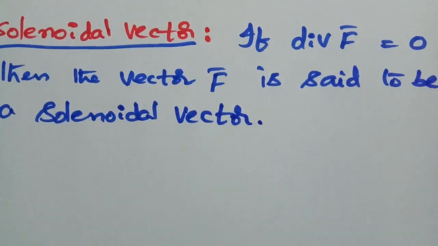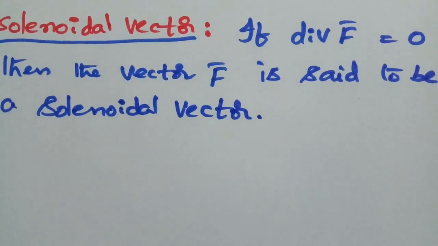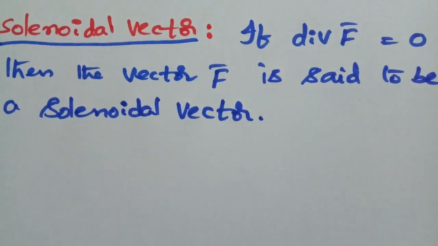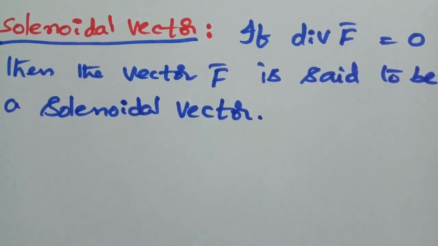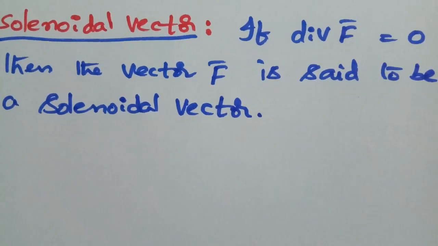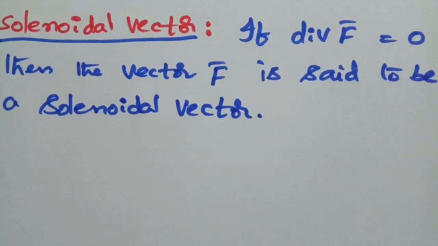So, for a vector point function or vector field, if the divergence of the vector F bar is equal to 0, then we say that F bar is a solenoidal vector.